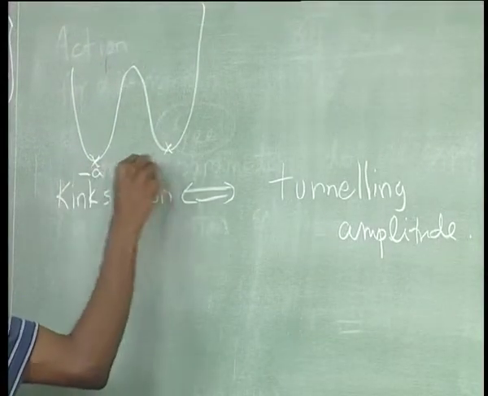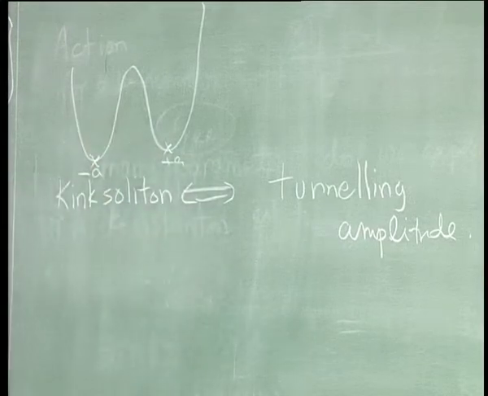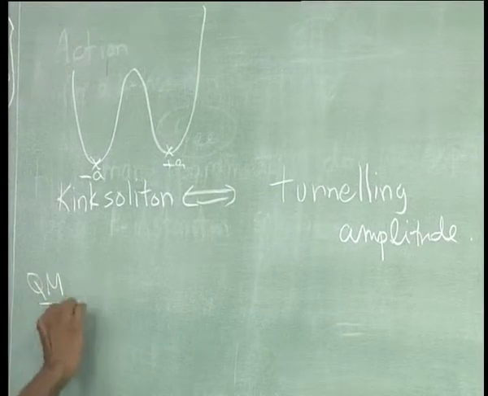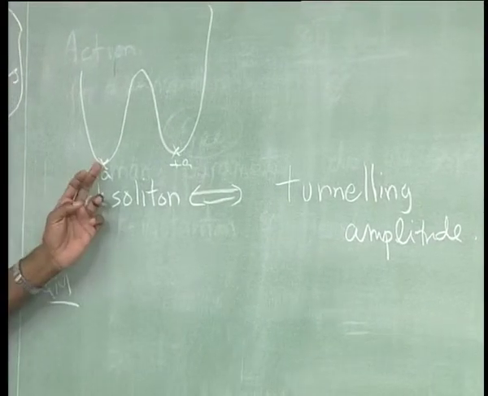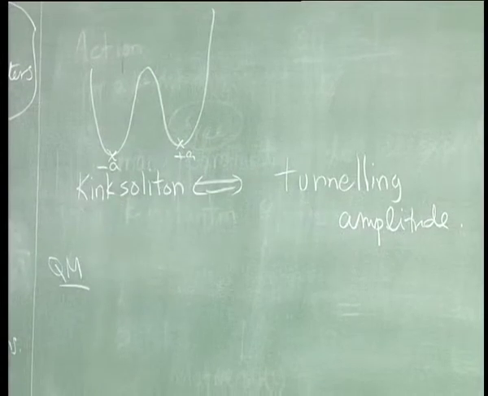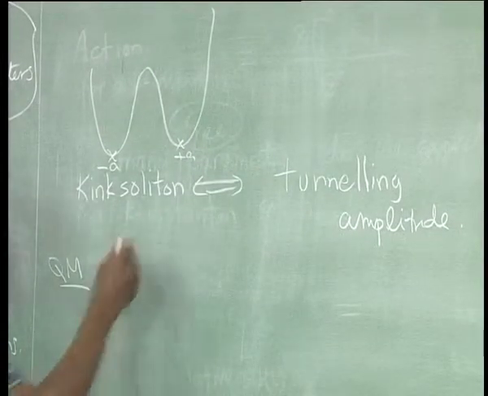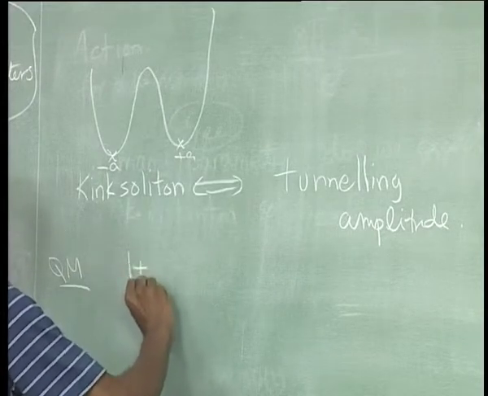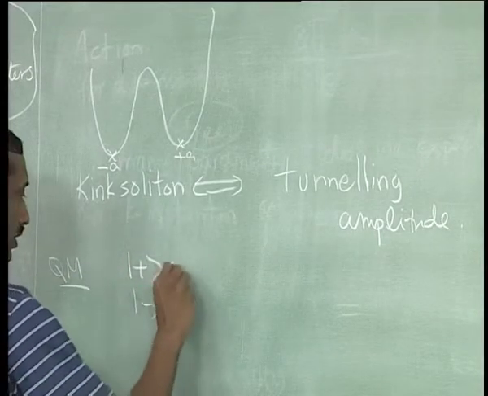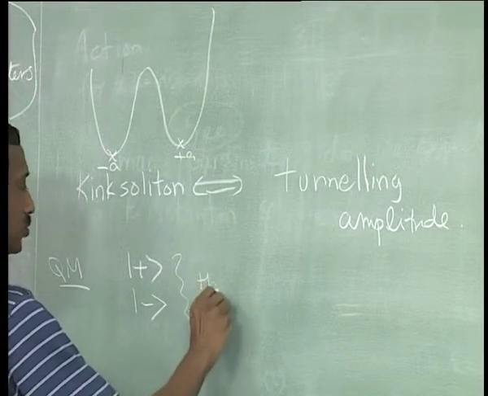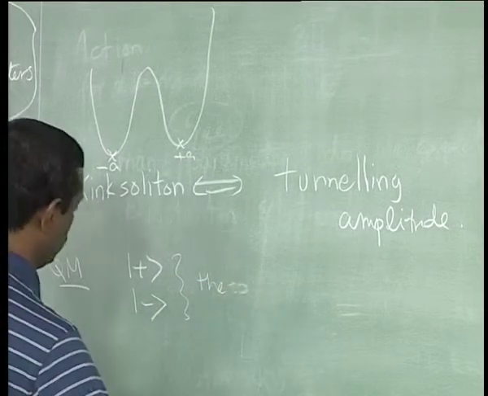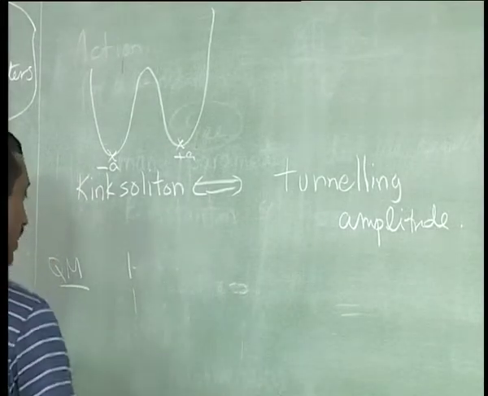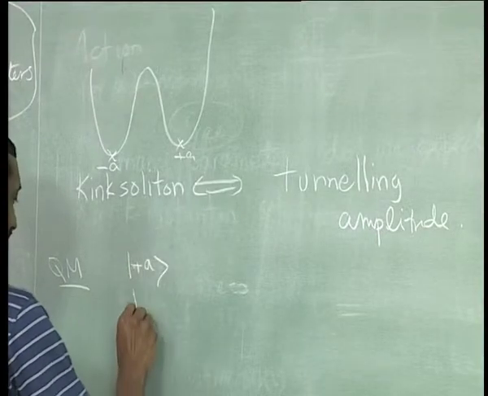There was one at minus a and one at plus a, there were 2 vacua, but of course we know quantum mechanically, because of tunneling, the true ground state is neither of these 2, but some linear combination. So in quantum mechanics let us just call them plus a and minus a.